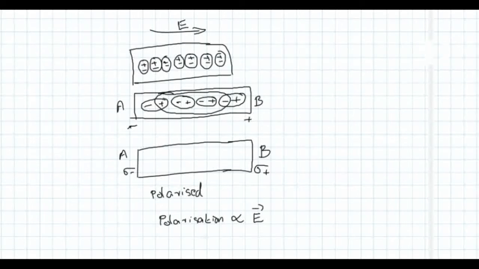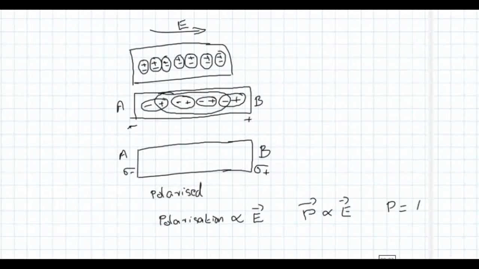That means polarization depends on the strength of the electric field, or we can say polarization is proportional to the intensity of the field. And capital P represents polarization, therefore P is proportional to E.